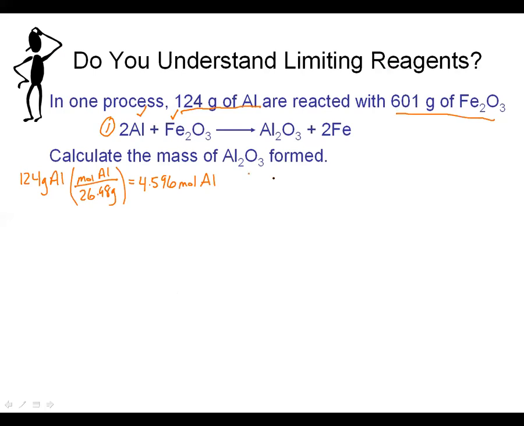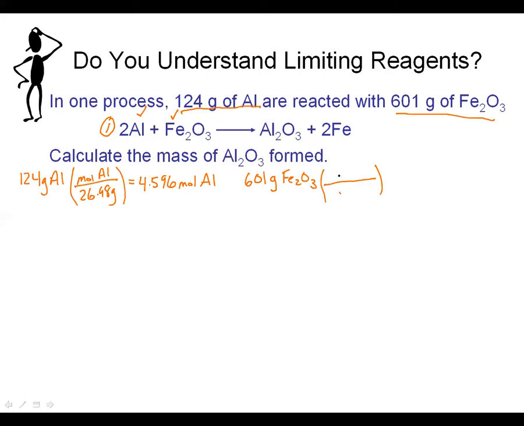We also want to do the same thing with our iron(III) oxide. So we're going to take 601 grams of Fe2O3. Again, from the periodic table, we're going to add up all the parts there. So iron is 55.85 and oxygen is 16. So 55.85 for the iron times 2 plus 3 times 16 for the oxygen. That gives us 159.7.